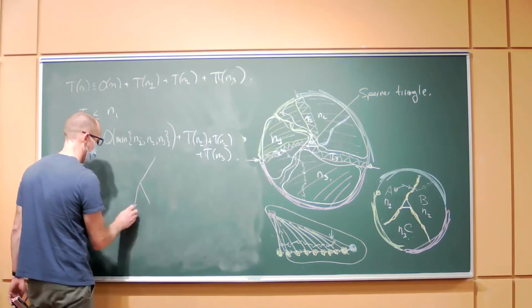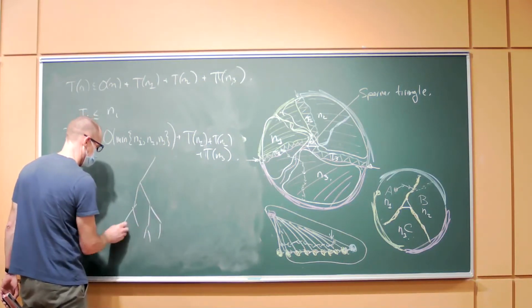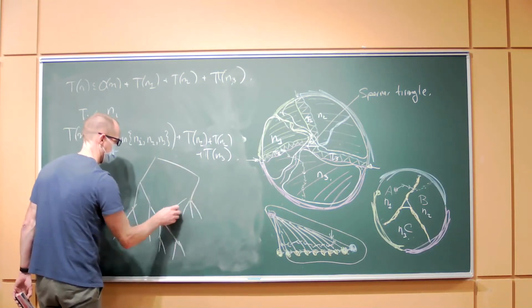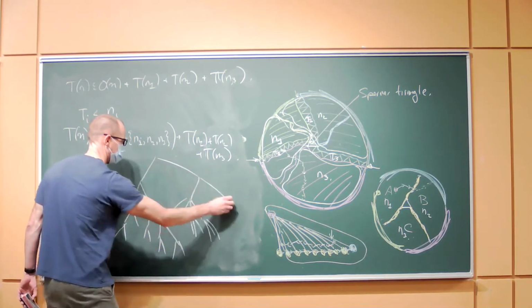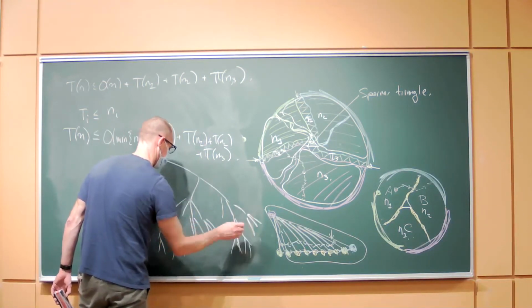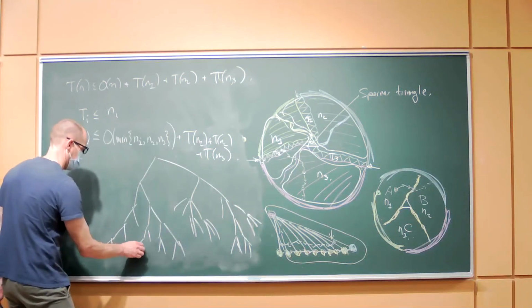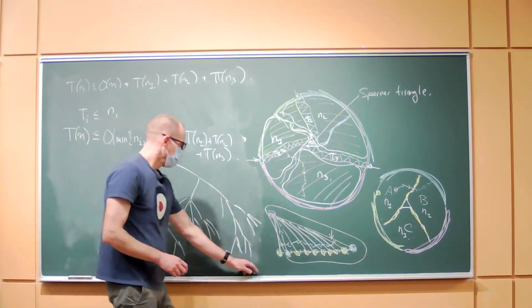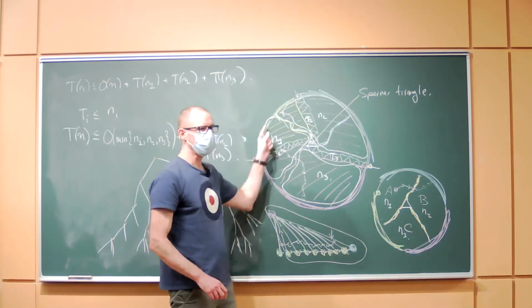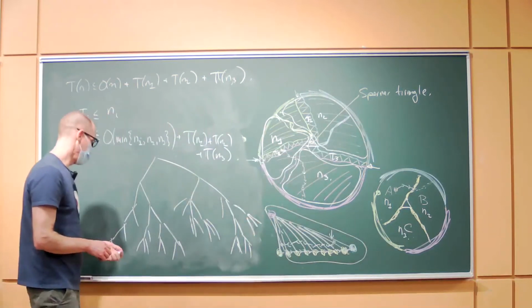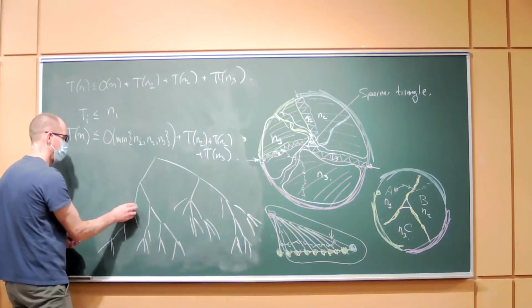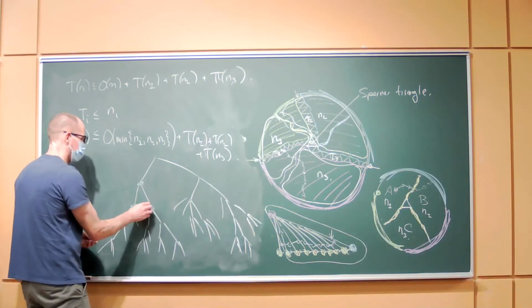So what we have is this BFS tree. When this outer cycle here gets colored, that means there are some nodes of this tree that are colored.